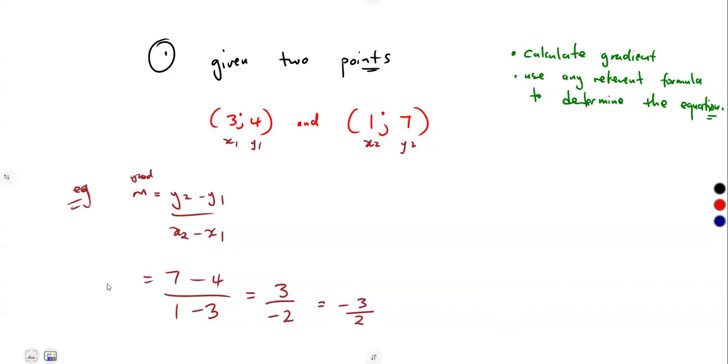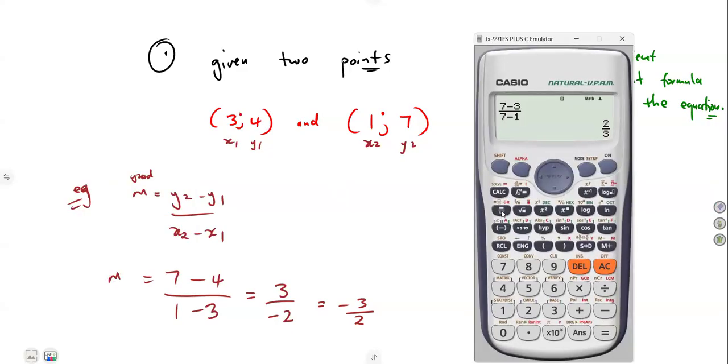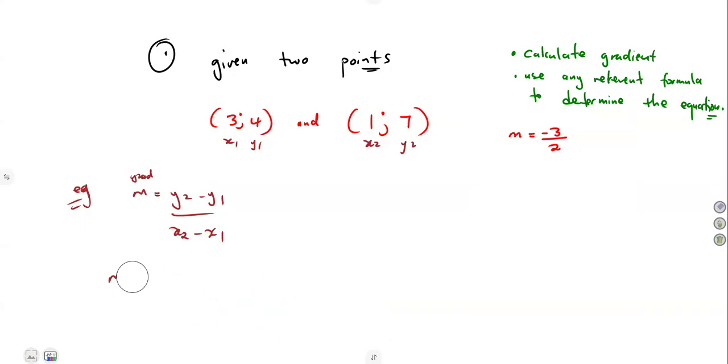So this is our gradient. So that's the first thing that you do. You calculate the gradient. So we have our gradient minus 3 over 2 like this. All right. So to determine the equation from that gradient is the one that I'm going to explain now. So let me just quickly verify this and see if we are on the same page. So that's negative 3 over 2 exactly. All right. So now to determine the equation from this gradient, that's where I'm saying use any relevant formula.